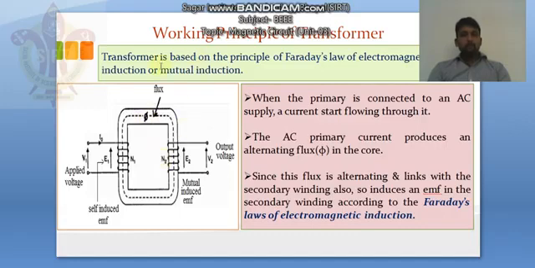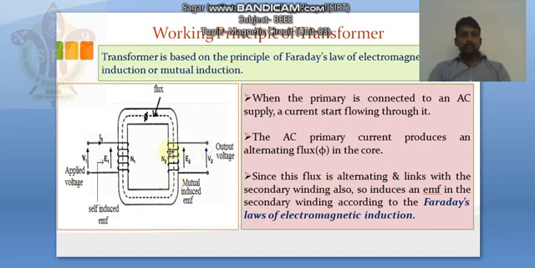Now what is mutual induction? As you know that a coil having a flux, and that some part of its flux can be linked with the secondary winding. So the quantity of the flux which is linked with the secondary winding is called as mutual induction.